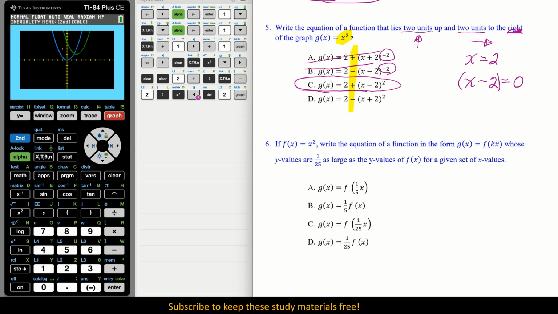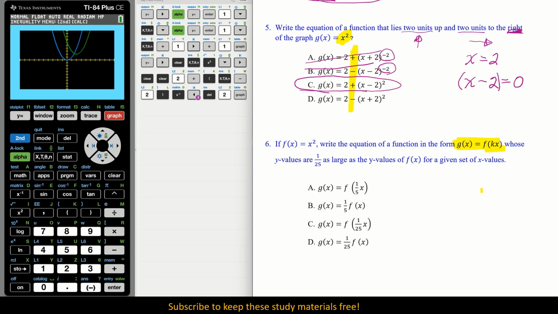It says if f of x equals x squared, write the equation of the function in the form, now that's important, this form is highly important, g of x equals f of kx, whose y values are 1/25th as large as the y values of f of x for a given set of x values.